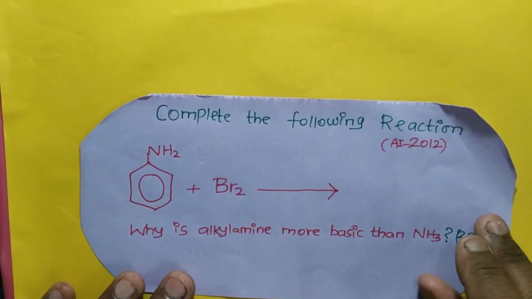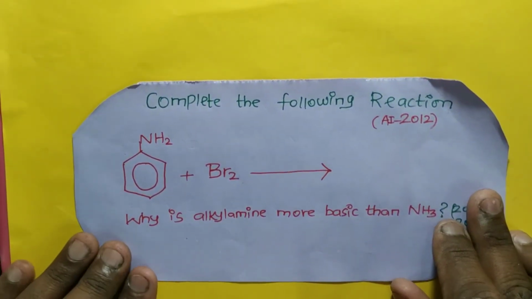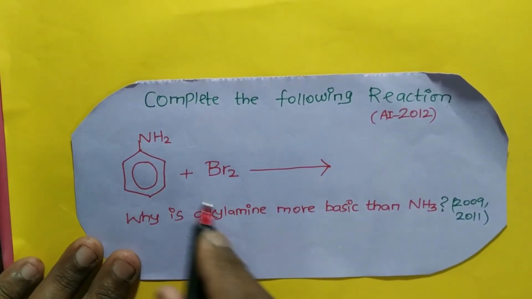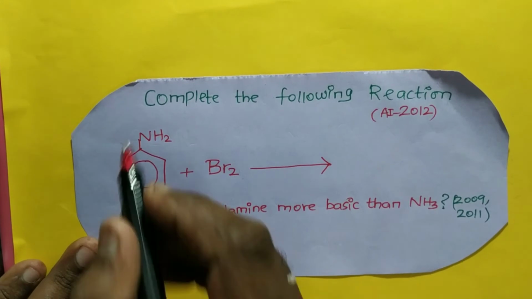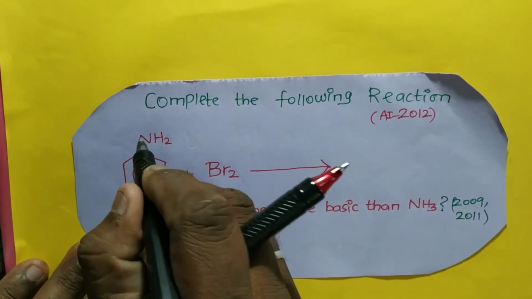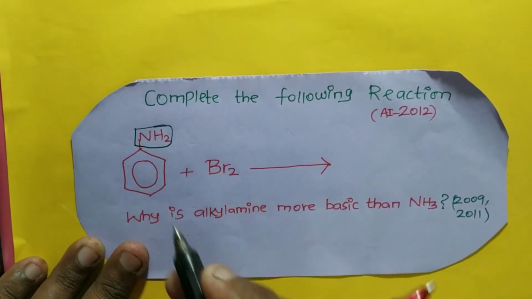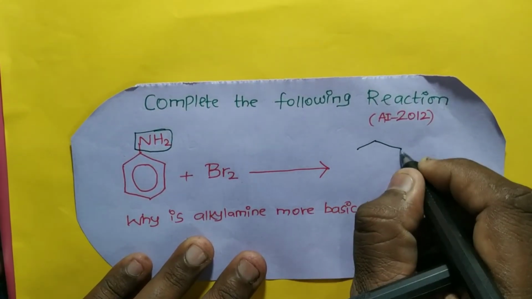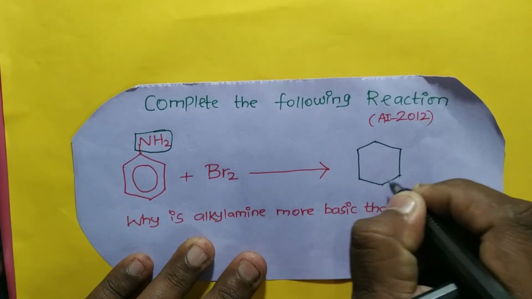And the next one is, complete the following reaction. This question was asked in the year 2012 All India Board. Here aniline is given and bromine is given. Aniline is a highly activating group, that is why I will be getting this product. What kind of product?